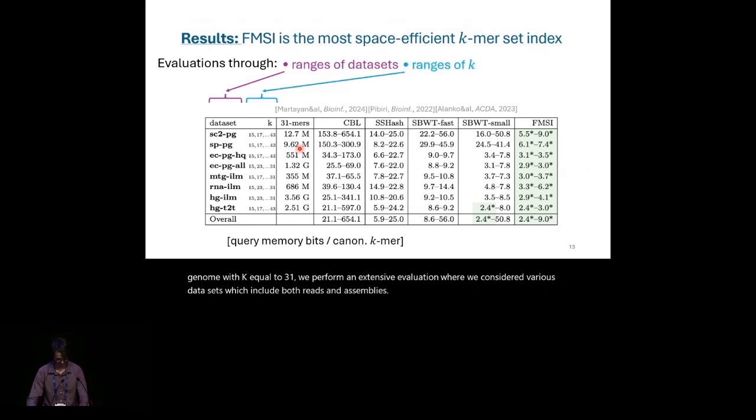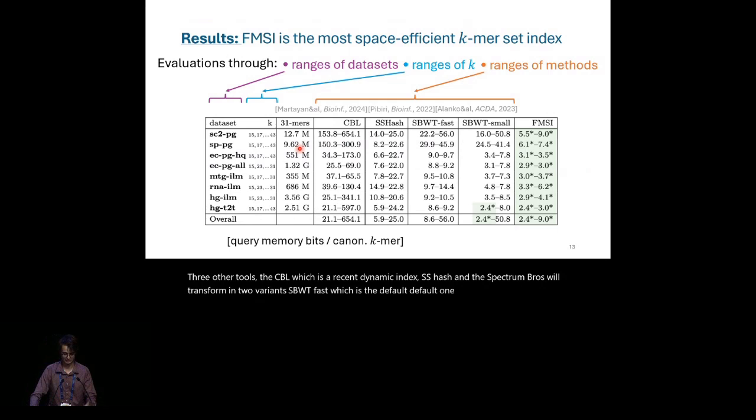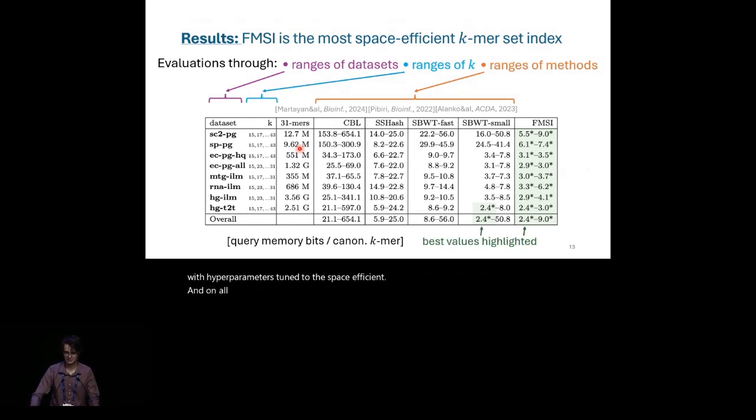And we evaluated it across multiple values of k and compared ourselves to 3 other tools: CBL, which is a recent dynamic index, SSHash, and the Masked Burrows-Wheeler Transform in 2 variants, SBWT fast, which is the default one, and SBWT small, which is the one with hyperparameters tuned to be space efficient. And on all of these data sets, FMSI outperforms its counterparts.